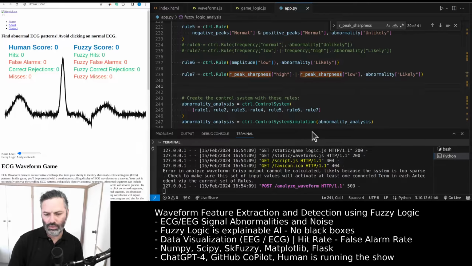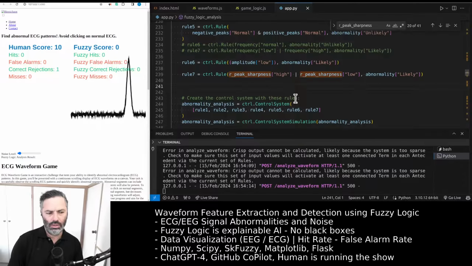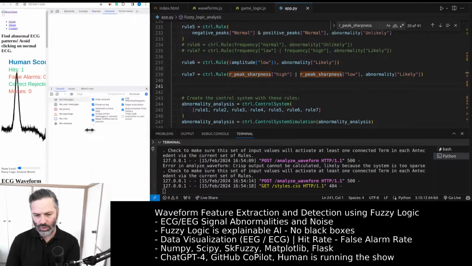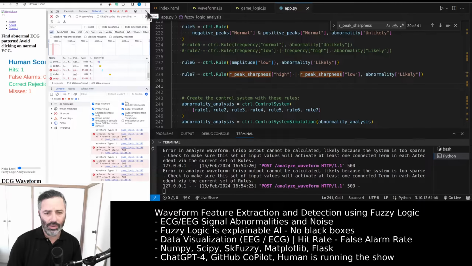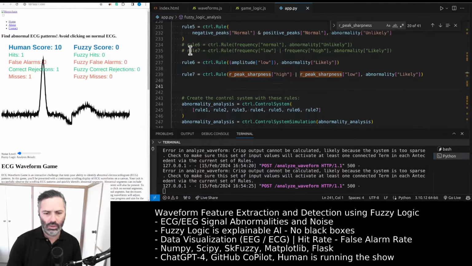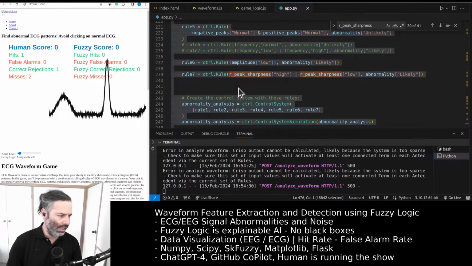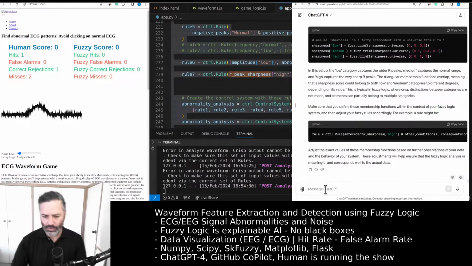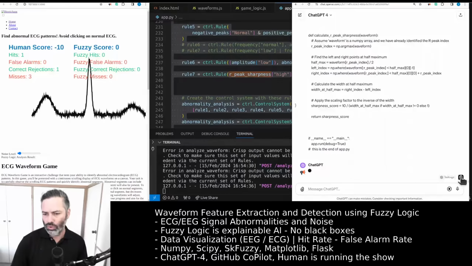Oops. Some problem. Problem with the rules. We need GPT to have all the code anyway. No.